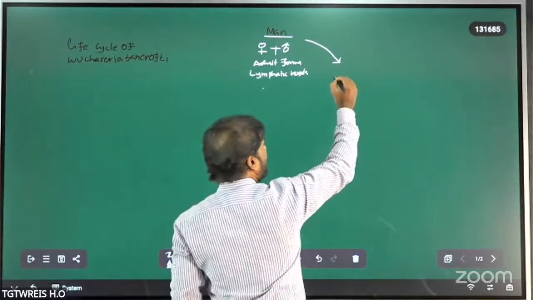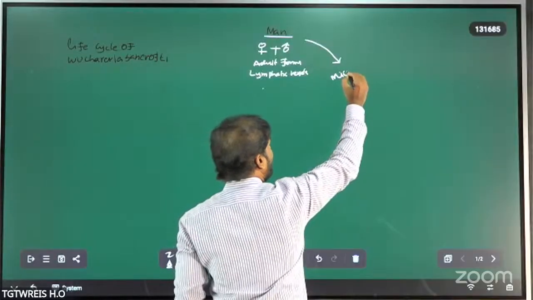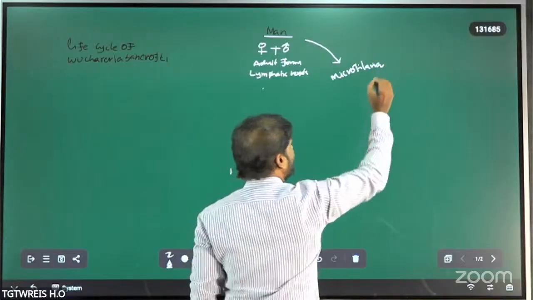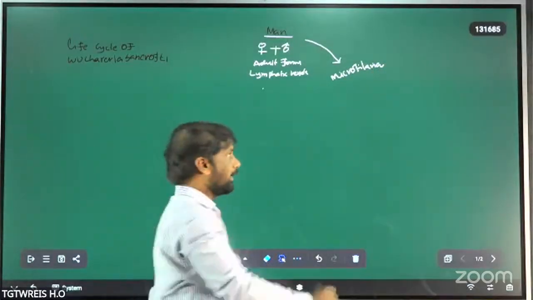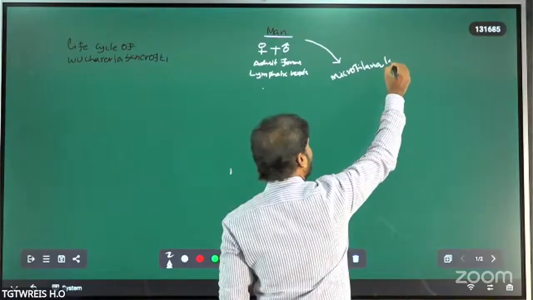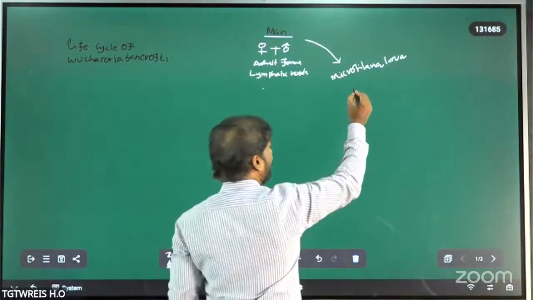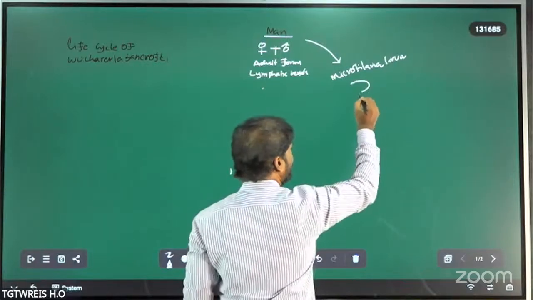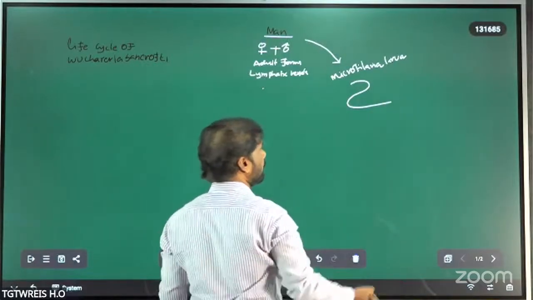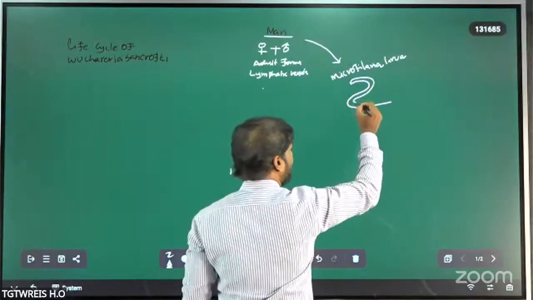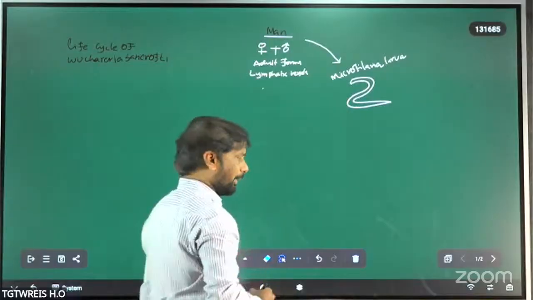microfilaria. Okay, microfilaria larva. That microfilaria larva will look like this type of, for example, a jet-shaped structure. Here it is, for example, the microfilaria larva.